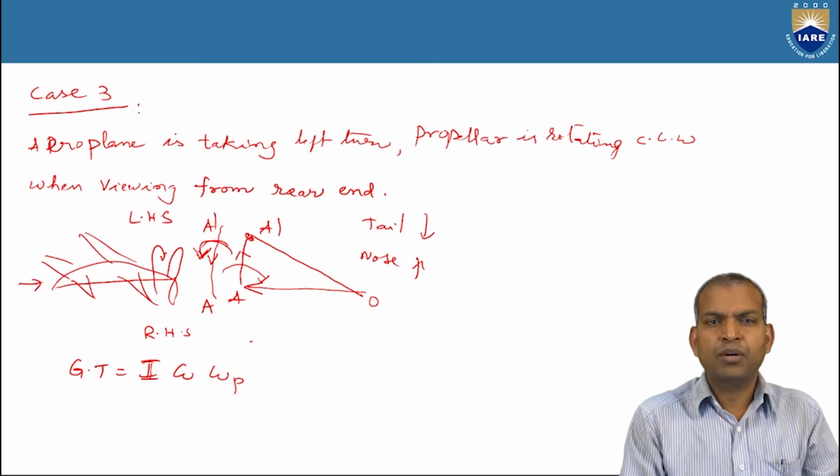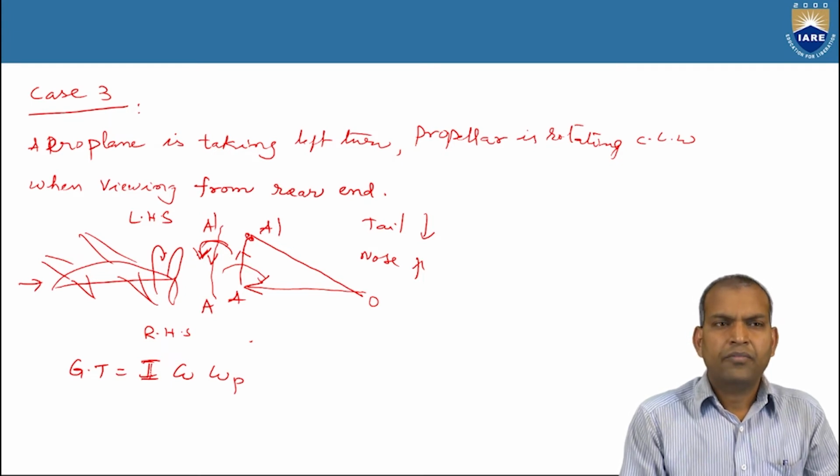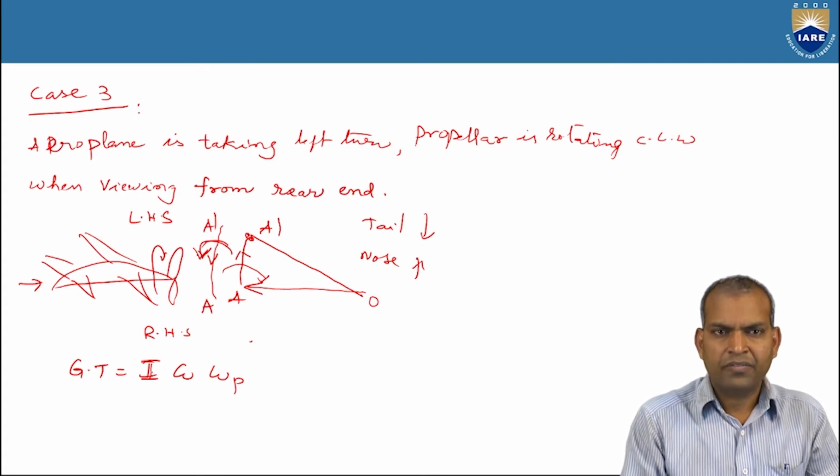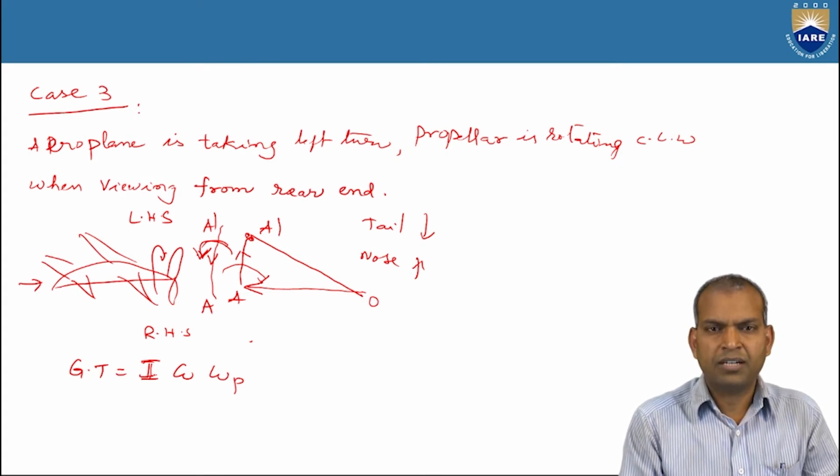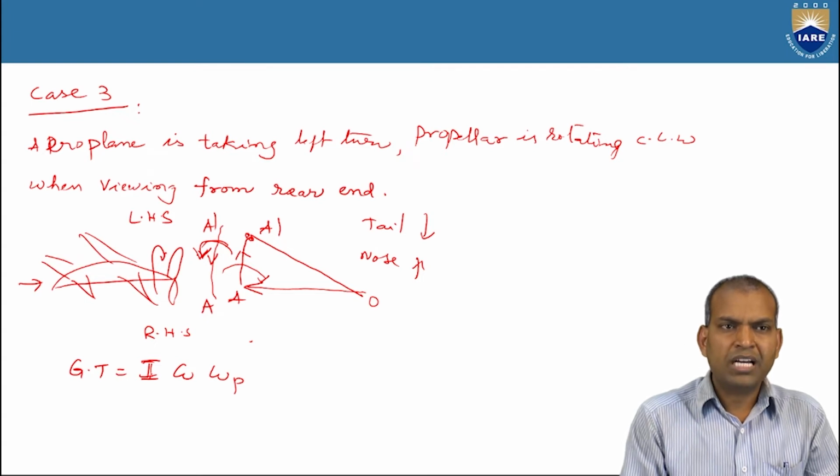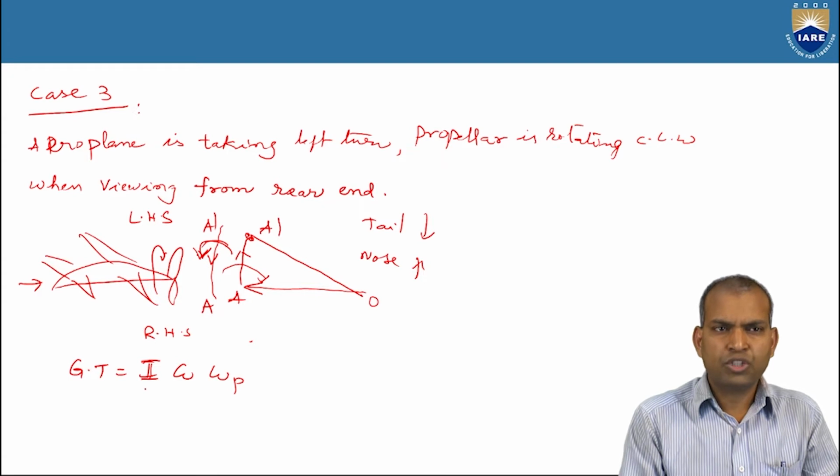It is not area moment of inertia. Why shouldn't we use area moment of inertia here? Why only mass moment of inertia? Because we are dealing with solid bodies. When we are dealing with solid bodies, we have to use mass moment of inertia, not area moment of inertia.